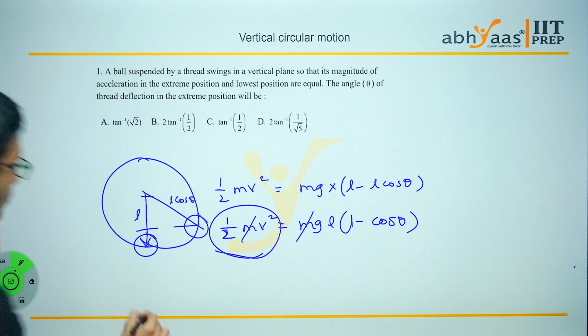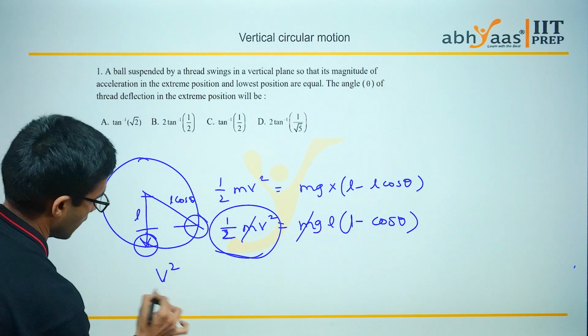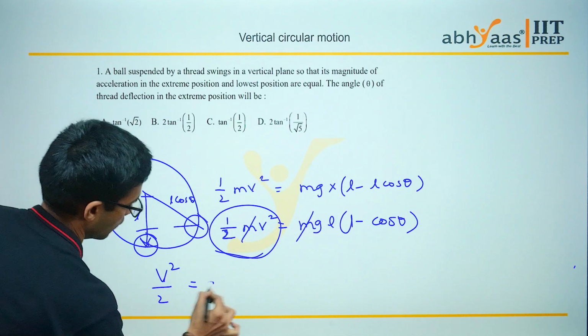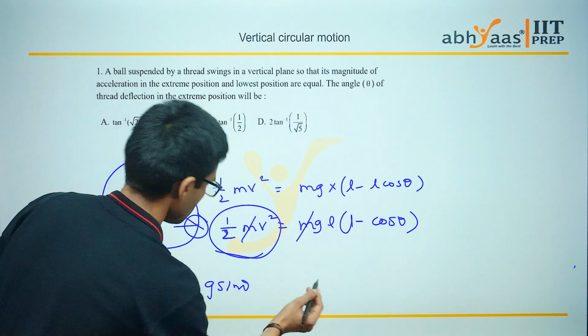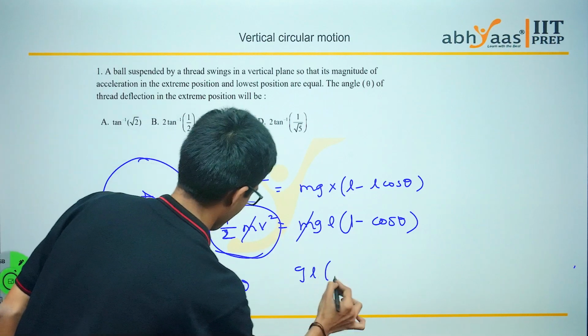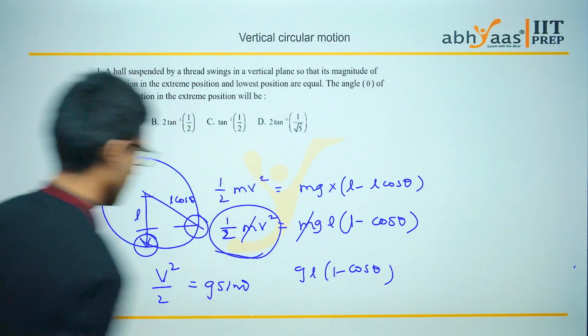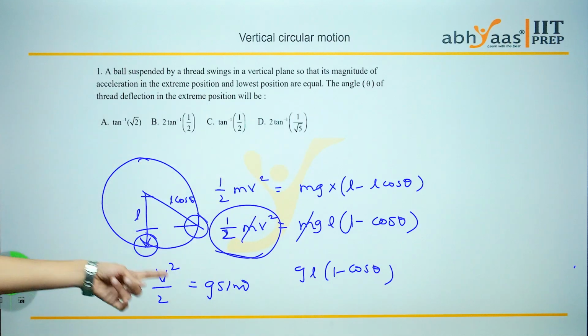So at the highest point, this v square by 2, that is half mv square, is equal to g into L into (1 minus cos theta). Okay, both are there.